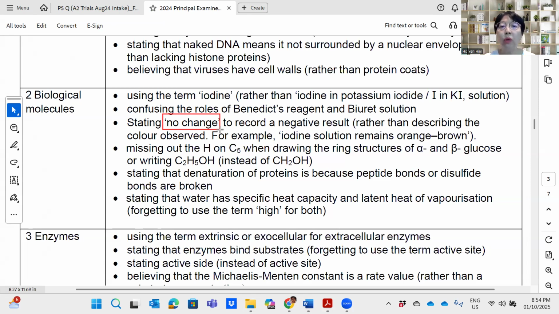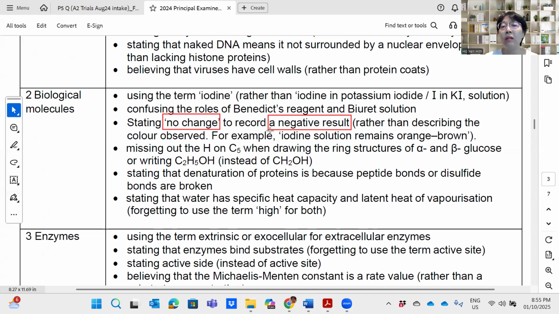The observation, you cannot write it's a negative result, because examiner wants your observation to be what your eyes see, right? You cannot write negative result, then the examiner doesn't know what your eyes see. What is negative? So negative means what? So you need to write the color that you see. Even no change has no mark.